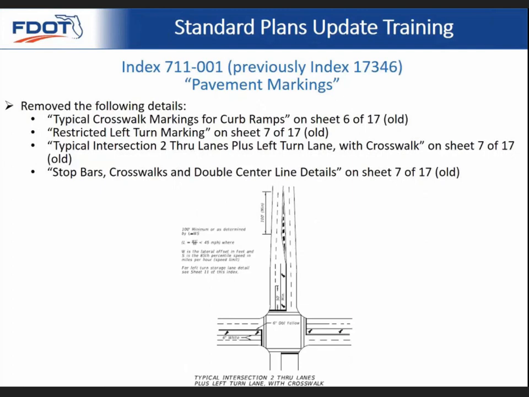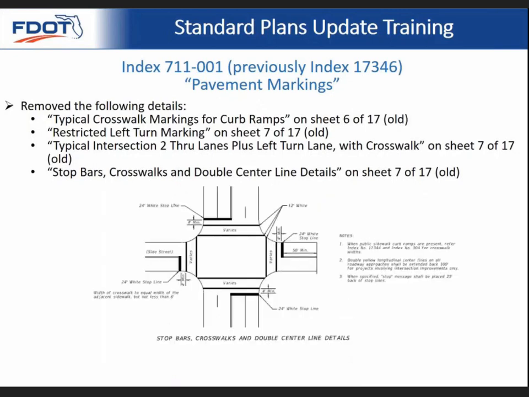That has been moved as well. The stop bars, crosswalks, and double center line details on the old sheet 7 of 17 has been consolidated. Now this is more or less a duplication of what was shown previously, so it has been removed.